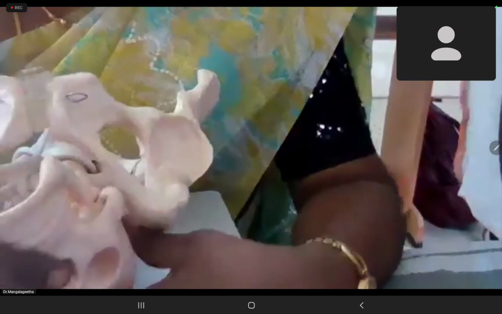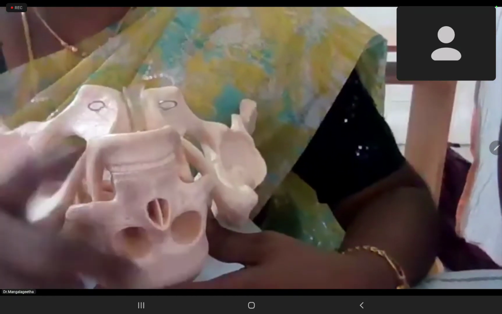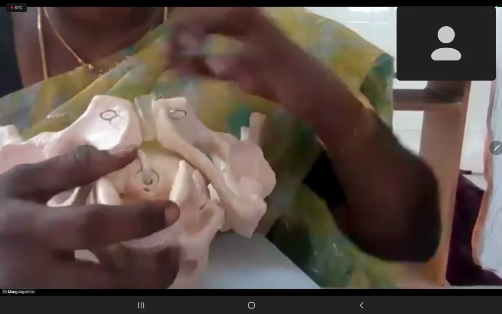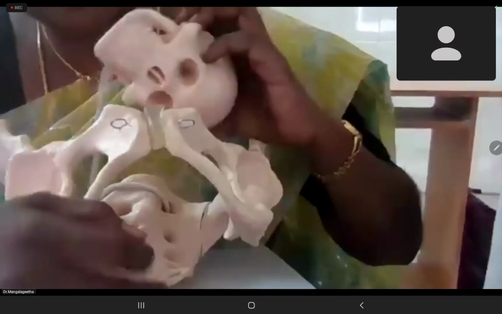But here there is more asphyxia and problems because molding cannot occur in the face, and with edema over the face it is difficult for the baby to breathe. So these are the reasons why a face presentation baby is more asphyxiated.